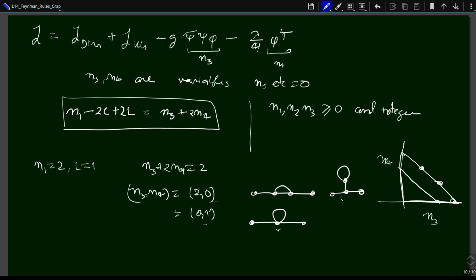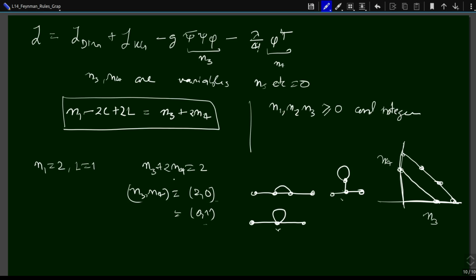In this particular case, N3 equal to 2, N4 equal to 0, and N4 equal to 1 and N3 equal to 0. These were two solutions. There can be some more solutions. An important thing to note is that both N3 and N4 have to be integers, 0 or positive. So there are going to be a finite number of solutions to this, and corresponding to those there will be a finite number of diagrams, a finite category of diagrams you can form.